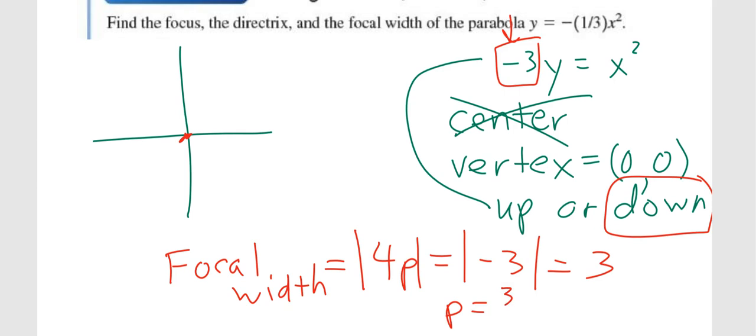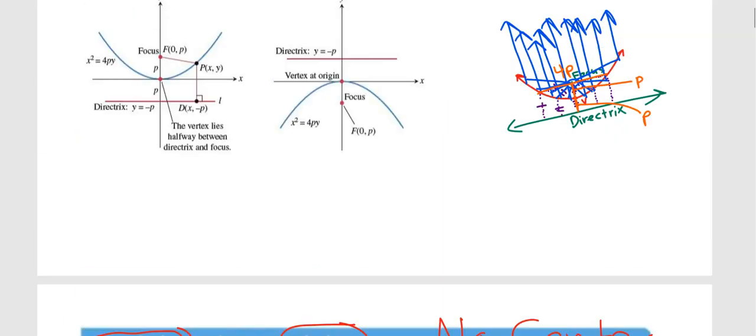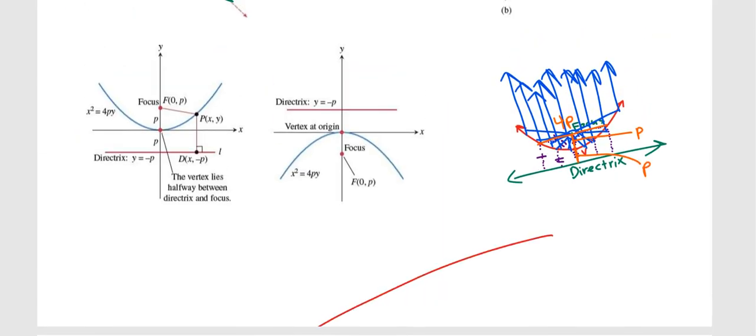Okay, now I need these two things, and I'll show you why. Which one do I need first? Do I need the focal width first, or do I need the p-value first? Go back to my picture.